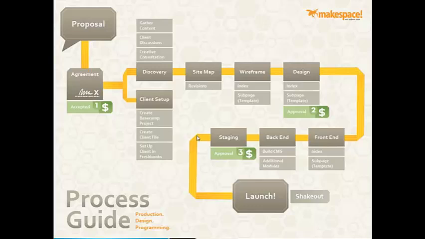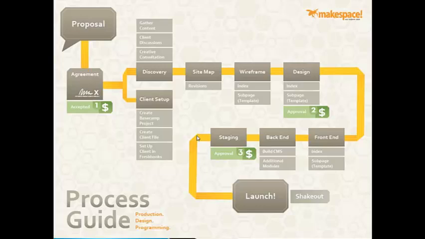And you can see here that their development process is very similar to how we laid out the different components of the website process. They have a discovery piece here where they're talking specifically about interacting with the client, gathering content from the client, and then also having the client set up, where they're creating a BaseCamp project, they're creating a client file, and FreshBooks is an online billing system.